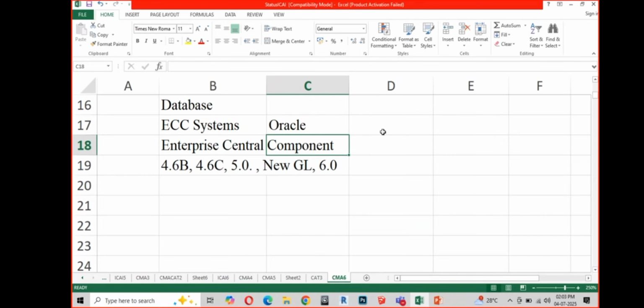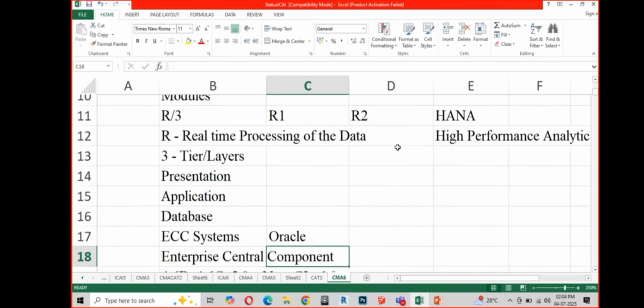So SAP wanted to use that chunk of the revenues, quite a huge percentage, for itself. Eventually, it developed its own indigenous HANA database.